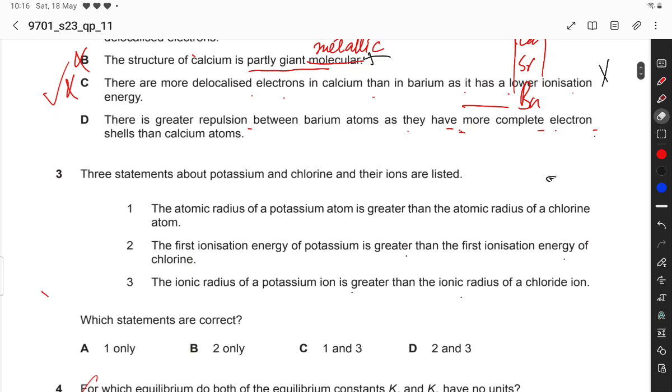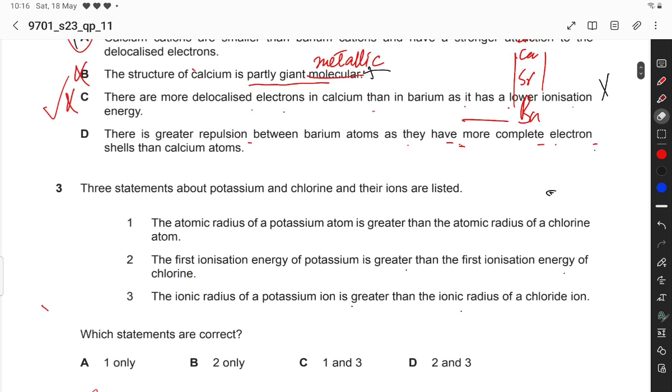So question number 3, there are 3 statements about potassium and chlorine, and the ions are listed. The atomic radius of potassium atom is greater than the atomic radius of chlorine atom.